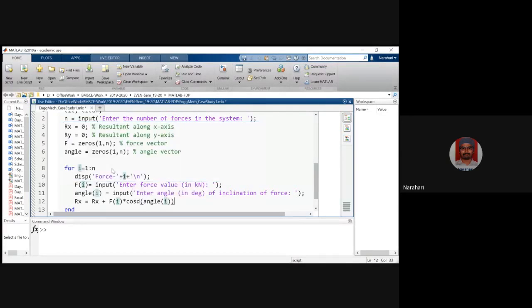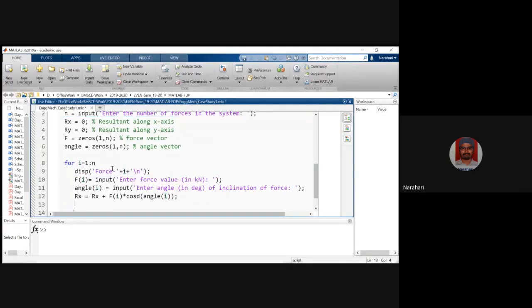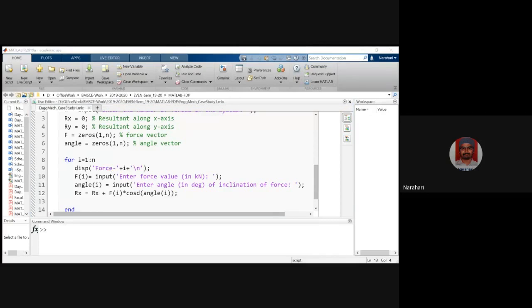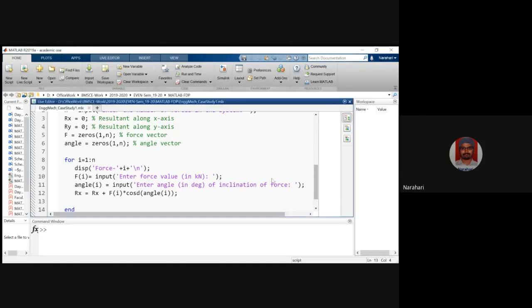Anybody? Do you remember? What is cos d? Yeah, cos in degrees, correct. Yes, it could be 125 degrees, it could be 58 degrees. We are not bothered about the exact numbers here. We can give any number, and the code will work for any degrees or any forces.